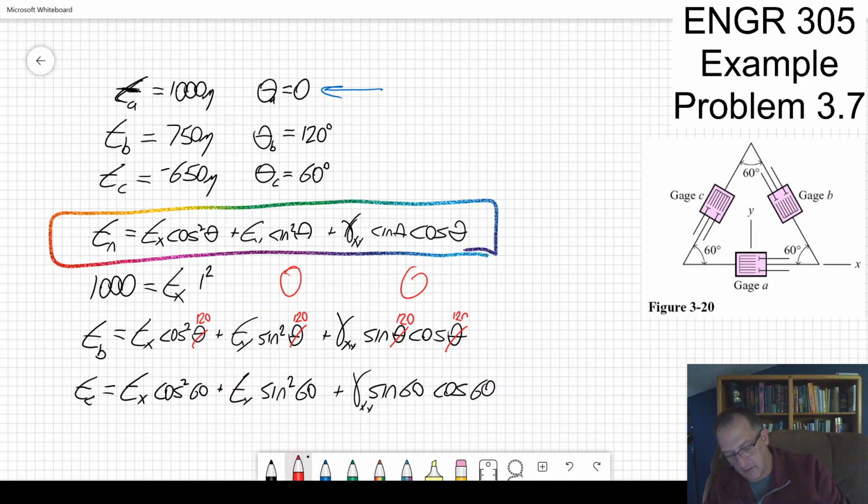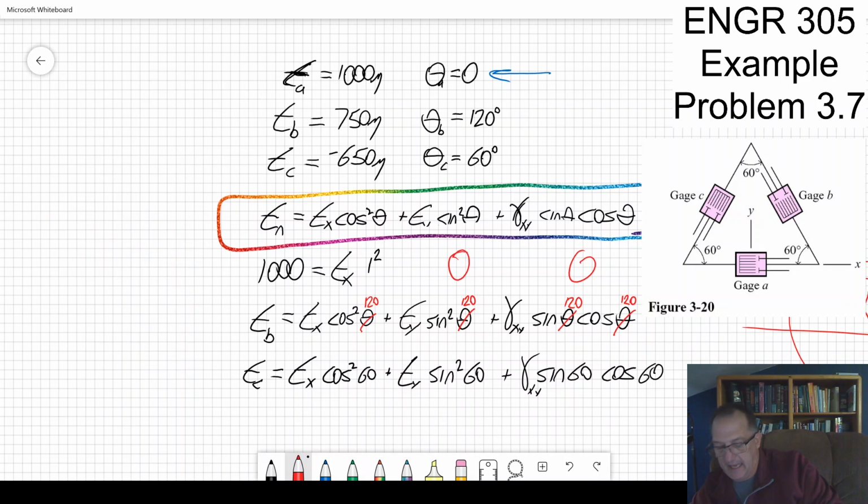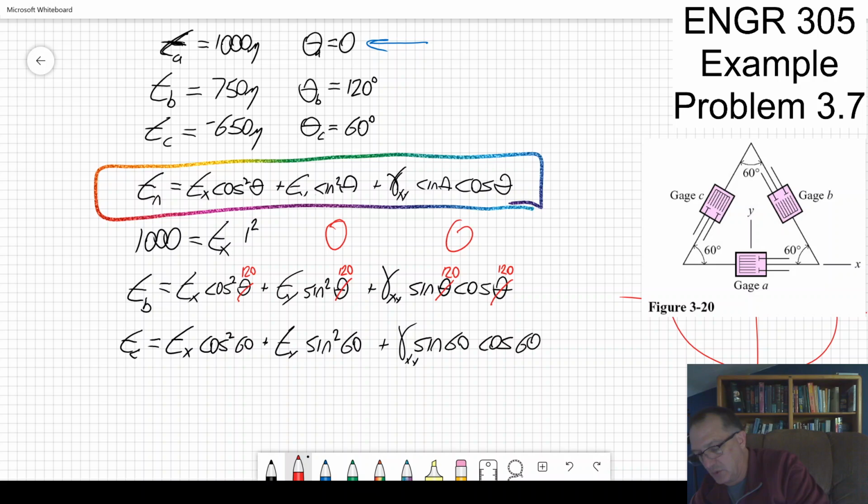Now here's what I want you to see. If I draw a little circle there, and this is my angle, there's my 60-degree angle, and that's my 120-degree angle. The sine of 60 equals the sine of 120.